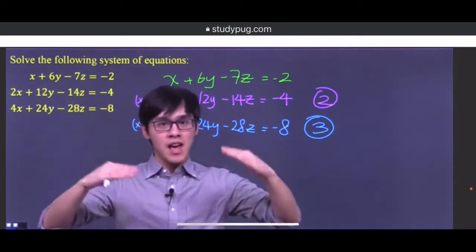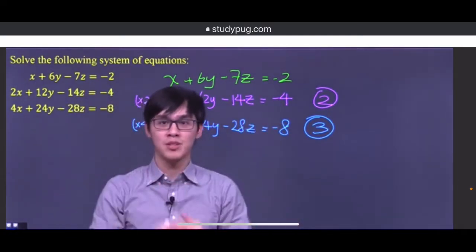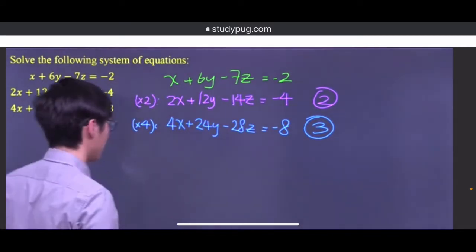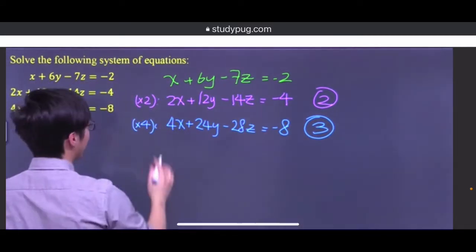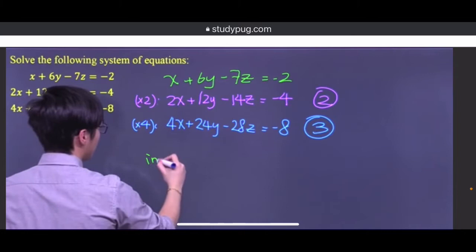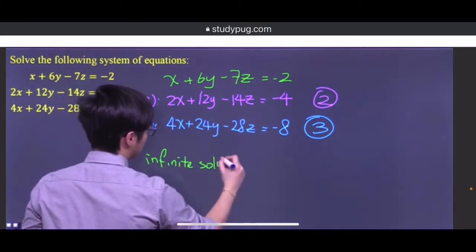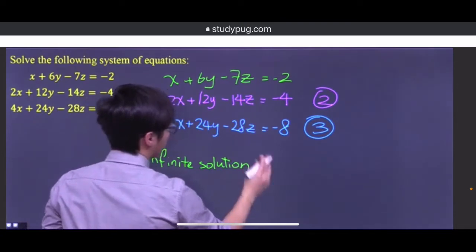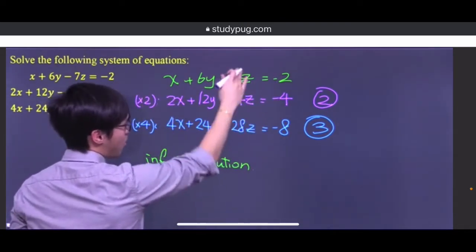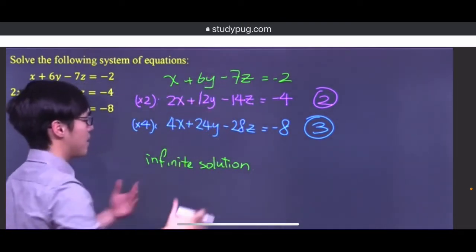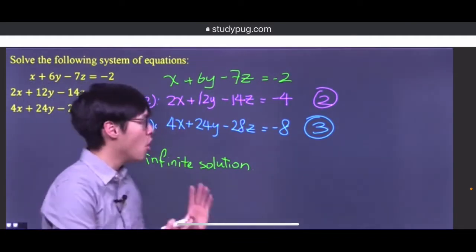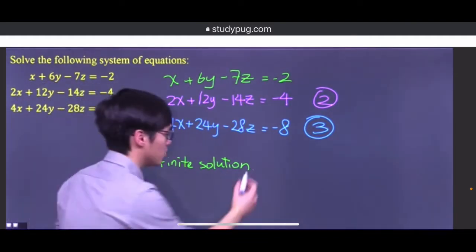If everything is overlapping, that means we have infinite solutions, right? So all in all, the answer to this system of equations is infinite solutions, because we're talking about the same equation. All 3 equations are the same. That means everything is overlapping. If they're all overlapping, we have infinite solutions.